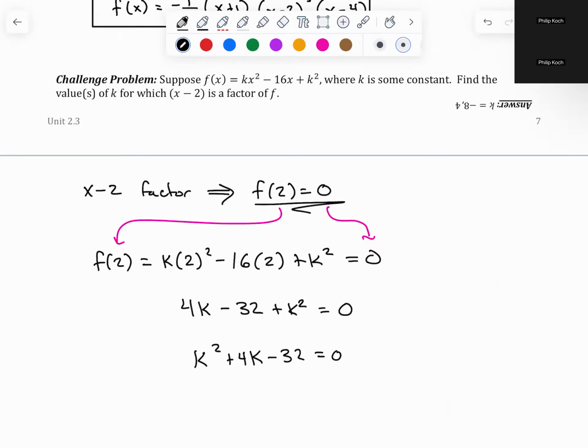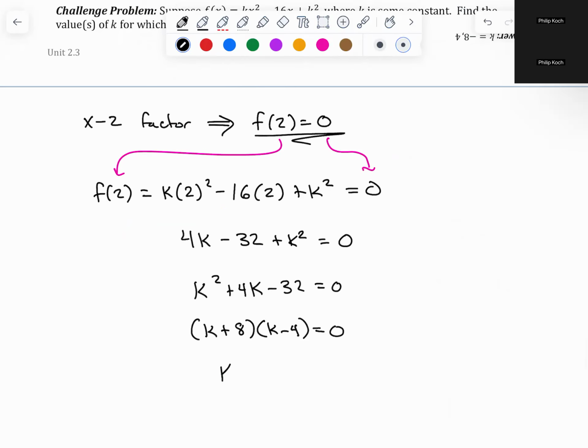That's a quadratic. We can factor and solve that, or since we don't really need to use the factorization, we can also use the quadratic formula. Either way would work. But this one does factor nicely. It factors to k plus 8 times k minus 4. So k equals -8 or +4. Boom. Done.